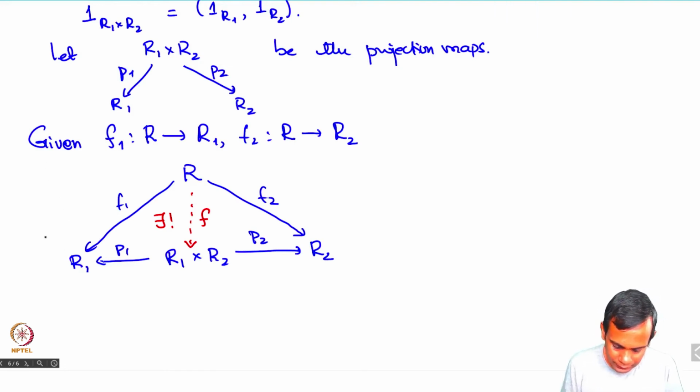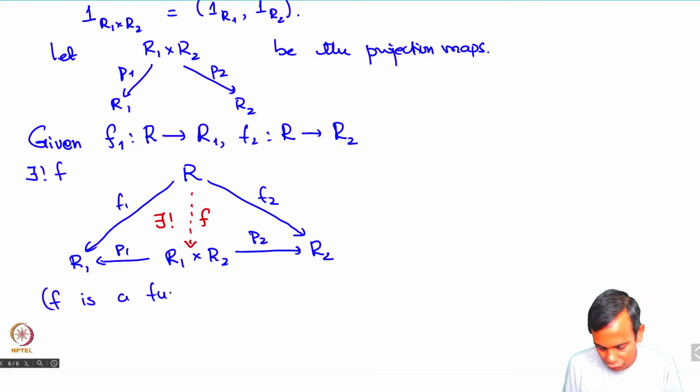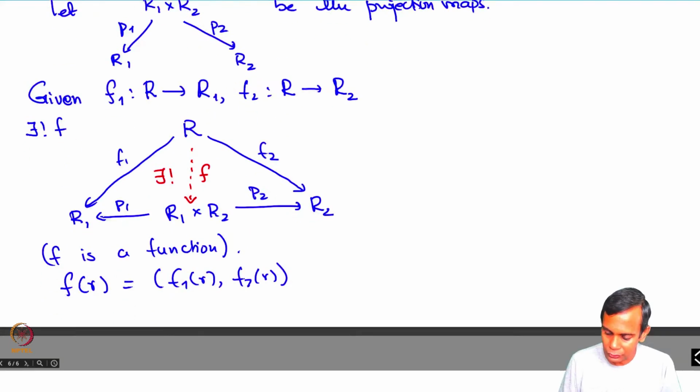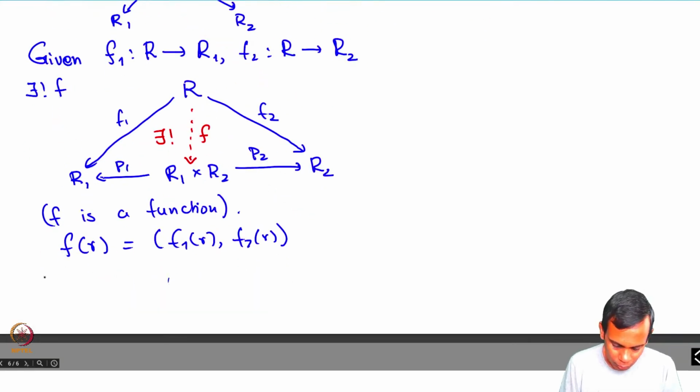So there exists a unique f, but f is only a function so far. And now all we need to do is to check that f is a ring homomorphism. But remember, f is defined by f of r is equal to (f1 of r, f2 of r), and it is easy to check that f is a ring homomorphism.